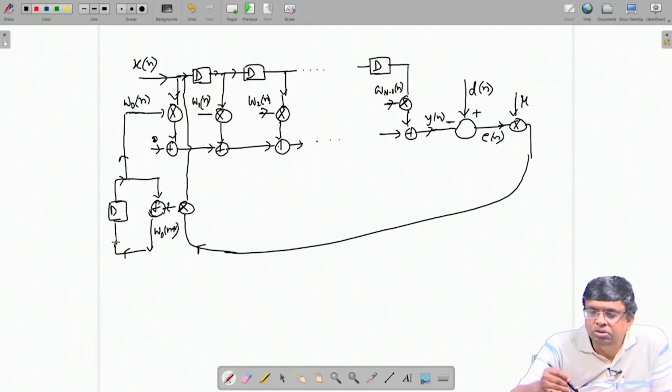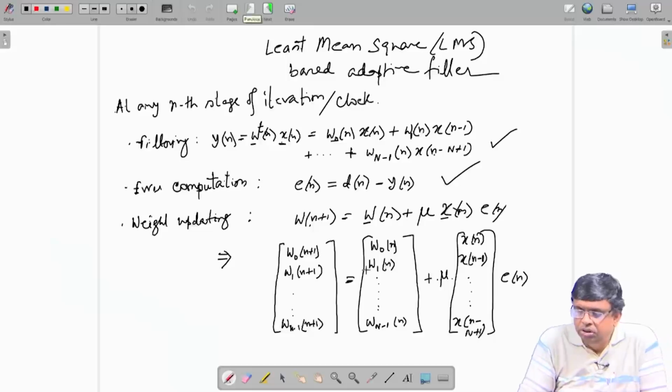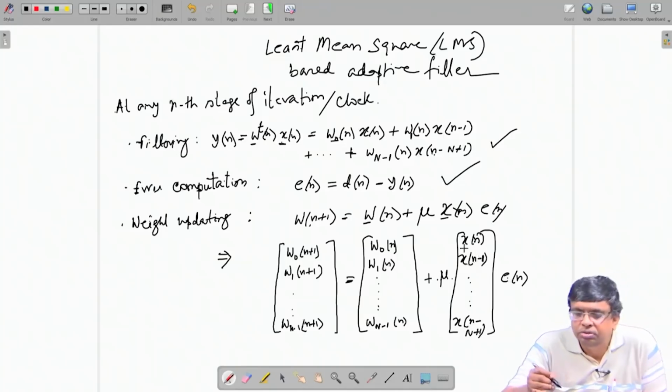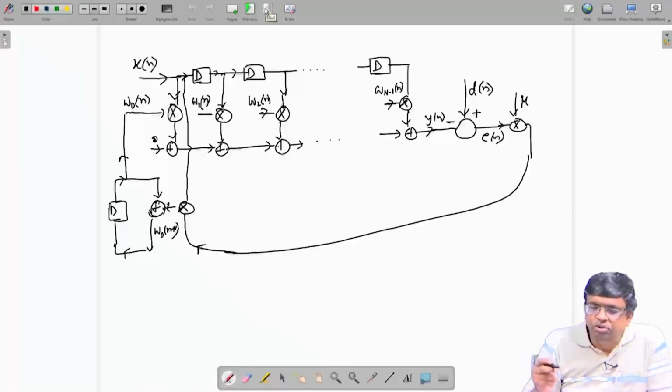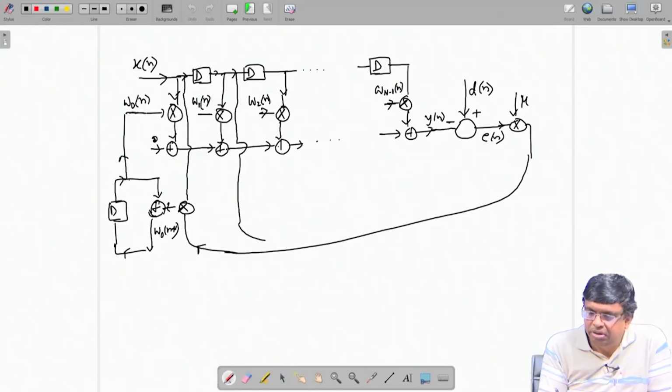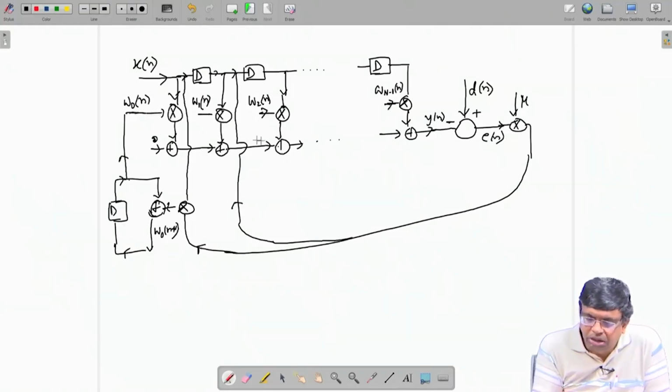Then W1 n, again you see how to generate W1 n plus 1. To W1 n you add mu e n times x n minus 1, W1 n plus mu e n times x n minus 1. So, what you do is mu e n is already taken, x n minus 1, so x n here, x n minus 1 here. So, from here now you tap the same line. Okay. Sorry, there will be a multiplier.